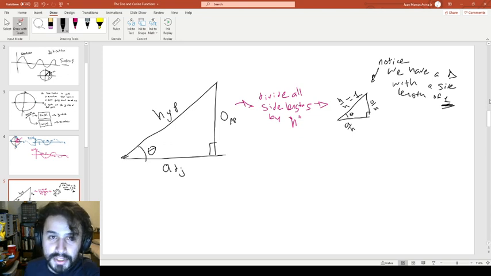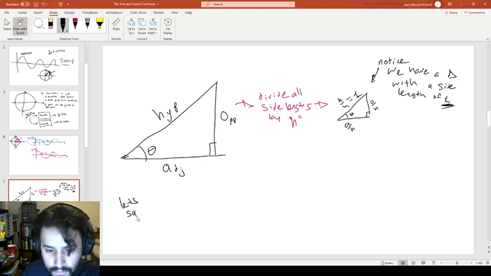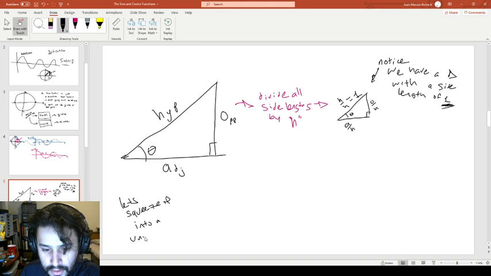It means we can squeeze this into a unit circle. And this is good because we can use the tools we developed for the unit circle to help us learn more about this triangle. So let's squeeze it into a unit circle.